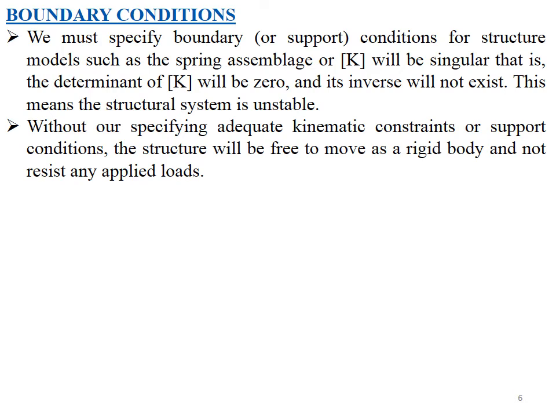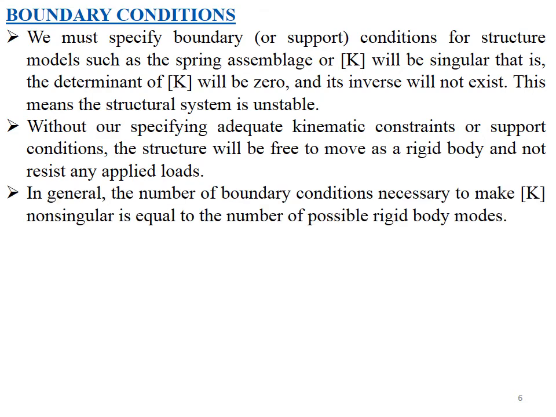Without our specifying adequate kinematic considerations or support conditions, the structure will be free to move as a rigid body and not resist any applied loads. So in general, the number of boundary conditions necessary to make the stiffness matrix K non-singular is equal to the number of possible rigid body modes.